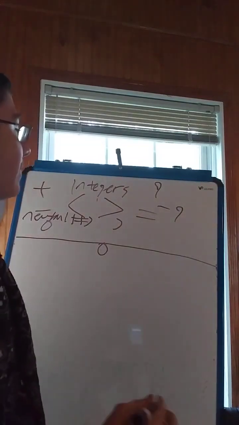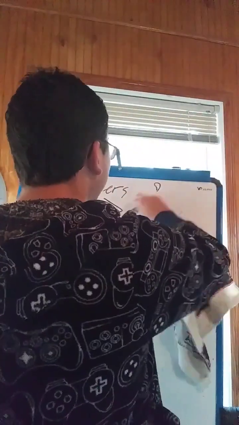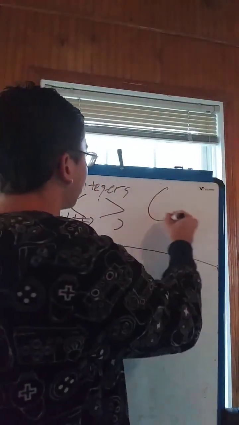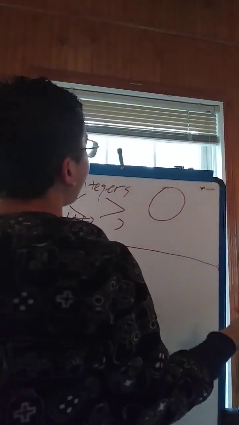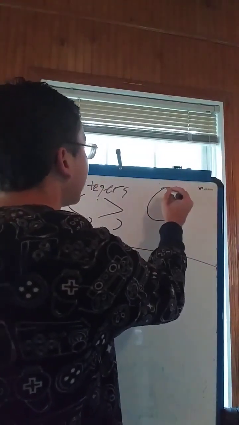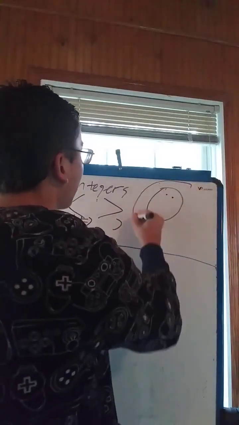Think about an atom. If we take an atom, I'll just draw it over here for you to see, we have the protons here. And then we draw the orbital.